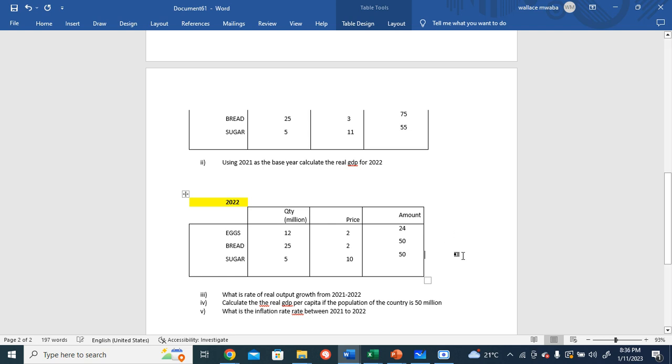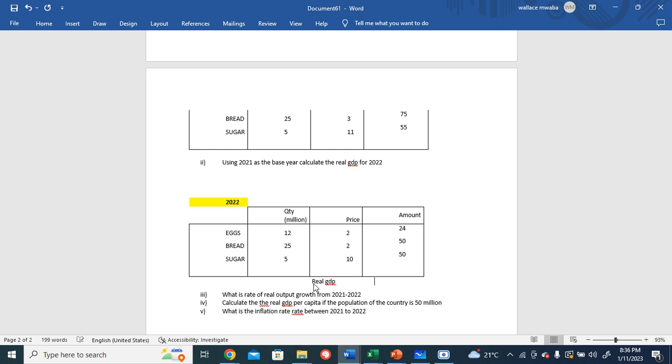And 5 times 10, we're going to get 50 million. So we tabulate the total amount.